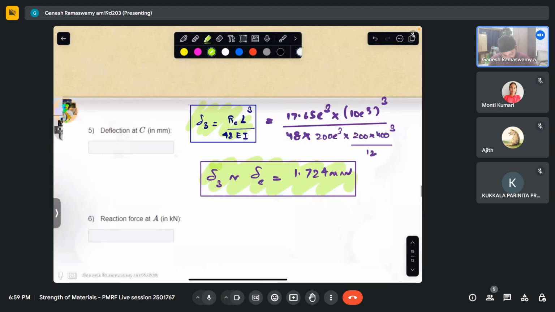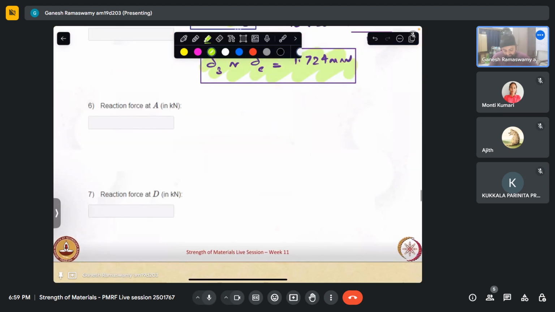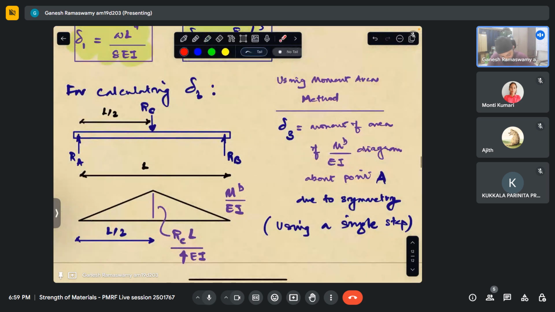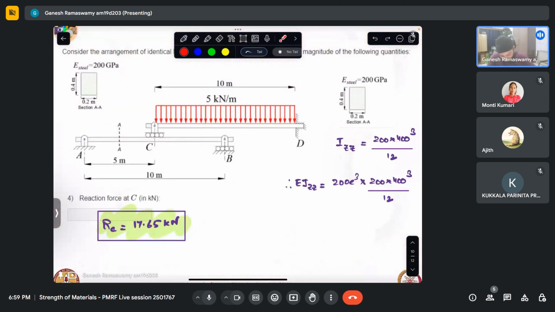Now the question asks what is the reaction at point A and point D. Actually, or rather this is B, I think. Yeah, we have been asked what is the reaction at A, what is the reaction at point D. So from the equilibrium of this beam, we can actually calculate the reaction, because we already know what the reaction at C is. As for beam AB, we can see that the reaction at C offers a concentrated load at the center of the beam. So by virtue of its symmetry, we can see that RA is nothing but RC by 2.